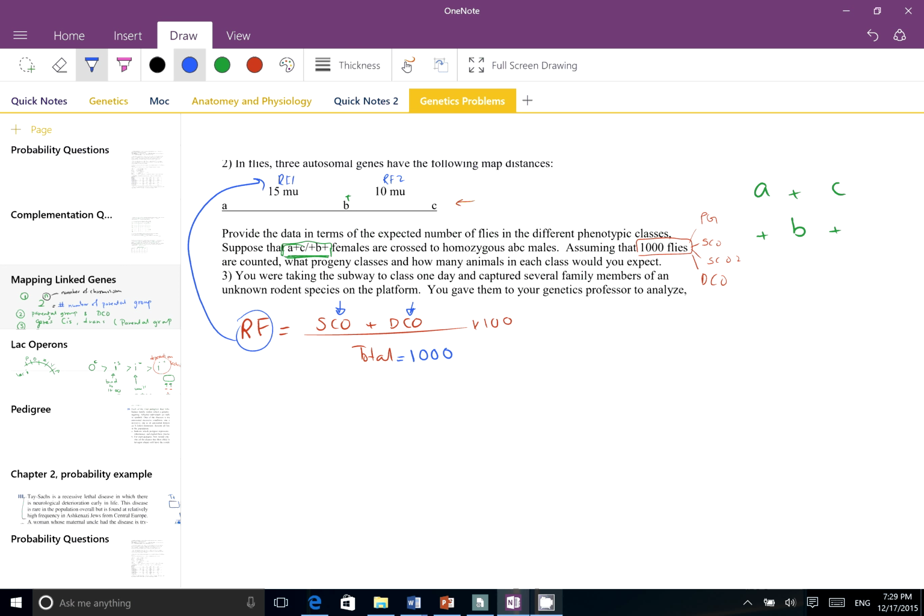The first number we can figure out is the double crossover number. For a double crossover, what do you have to have?